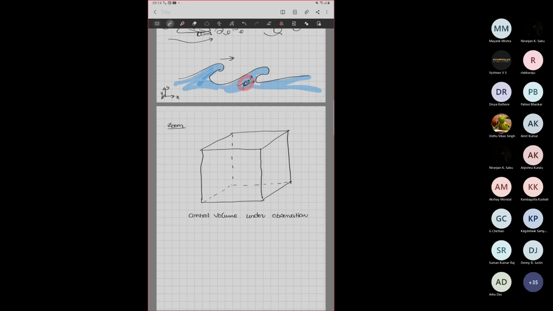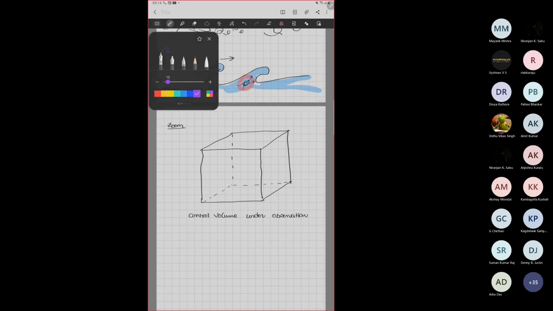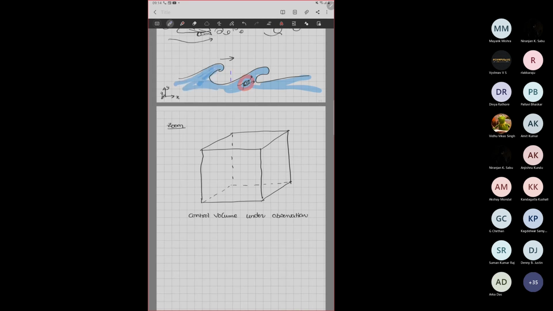For example, one can also construct a very big control volume, where on one side air is there, on the other side you have liquid. How much flow comes in in terms of liquid, how much flow goes out in terms of air, is also a control volume.